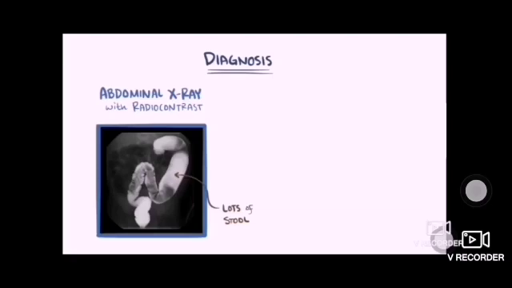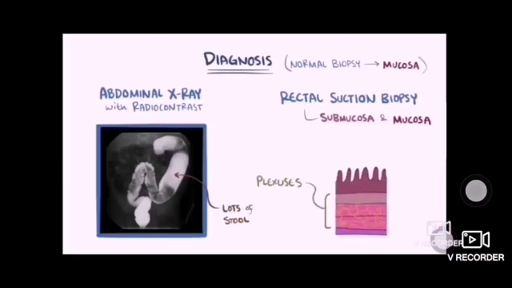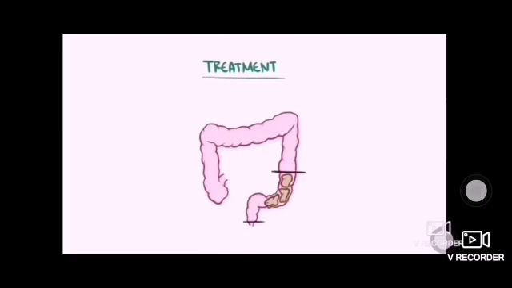But a definitive diagnosis is by rectal suction biopsy of the narrowed area in the colon, where both the mucosa and the submucosa are extracted, as opposed to a normal biopsy where just the mucosa is taken. Remember that those plexuses are in the muscle layer or the submucosal layer, so a normal biopsy with just the mucosa wouldn't cut it. You need a sample of submucosa to see if the submucosal plexus is there or not, right? Treatment is typically surgical resection of the area that's lacking the nerve fibers, and then the healthy end is connected to the anus.